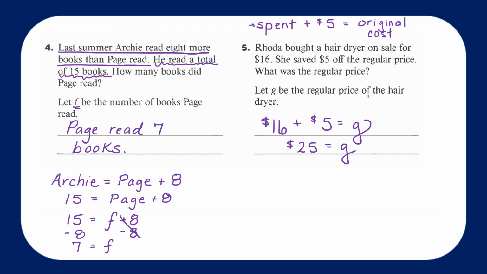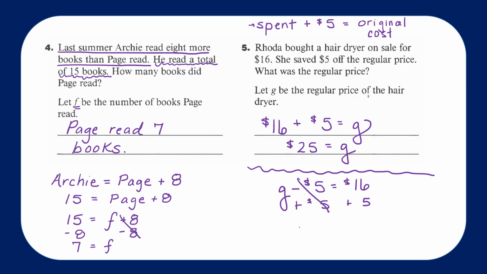Now, somebody else might have written it like this. The original cost subtract $5 equals $16. So then you could just add $5 to both sides. And you would get G equals $25.